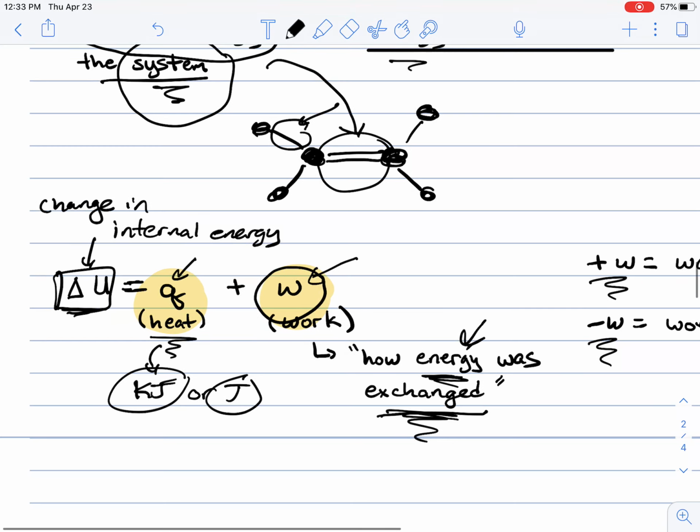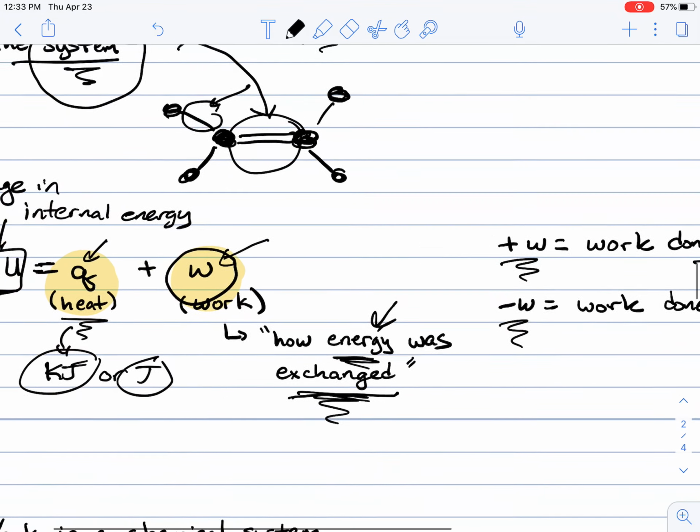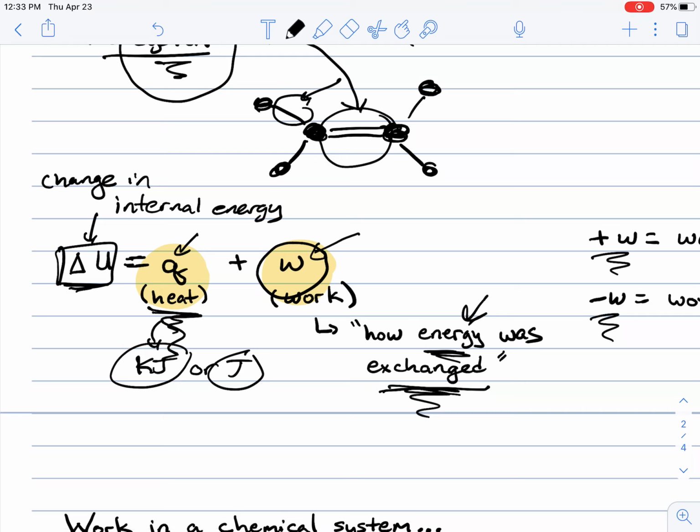So if you had lost heat to the surroundings, then work was performed by the system, and therefore the value of Q would decrease, and that would produce, for example, a negative value for delta U. And that negative value for delta U tells you that there was a net loss of internal energy during the thermodynamic process, whatever it was.